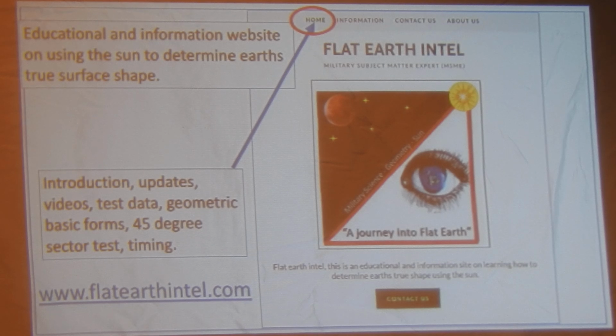Basically, what you have here on the home page is an introduction as well as updates, videos showing how to use the sun in specific ways, such as the 45-degree sector test data, understanding geometric basic forms, and then the 45-degree sector test, which is the definitive test when you're testing the shape, as well as understanding timing. There's a lot of information on this website, so don't be overwhelmed by it. Take your time as you work your way through it.